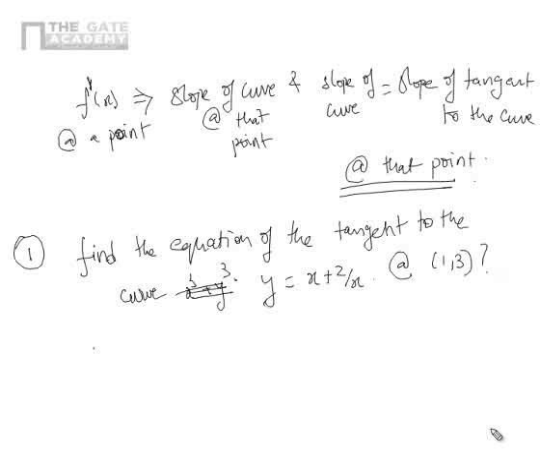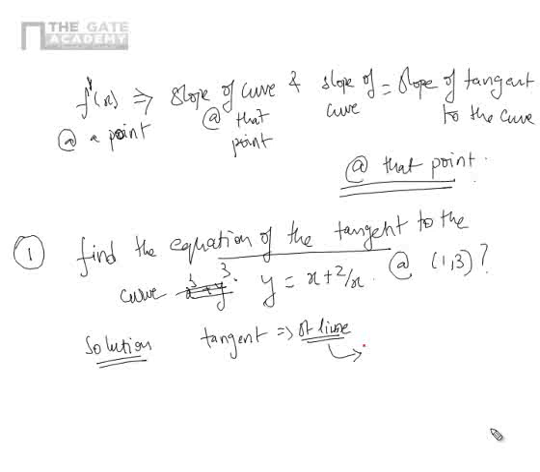How to proceed? Solution. See, we will take it one by one. First we need the equation of the tangent. We know that tangent is a straight line. So now I need the equation of a straight line.